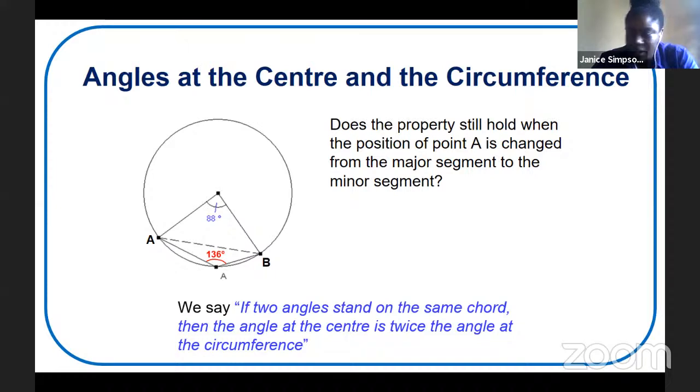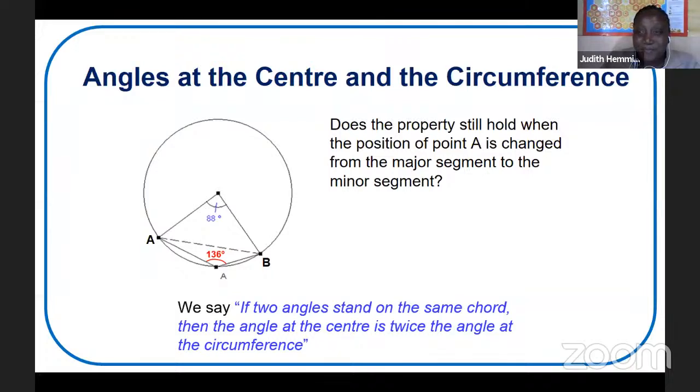Is it still going to be 88? Shane is saying it's going to be twice 88. He's saying that the value that A is now is twice that at the center.